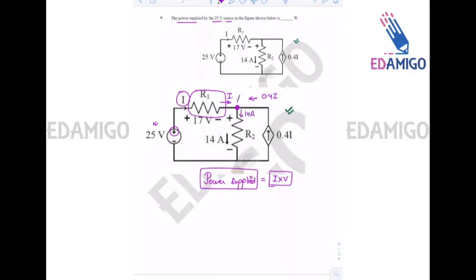So the KCL at node A will solve the whole question. Okay, so incoming current I plus 0.4 I, and the outgoing current is 14 amperes. So I is equal to 10 amperes.